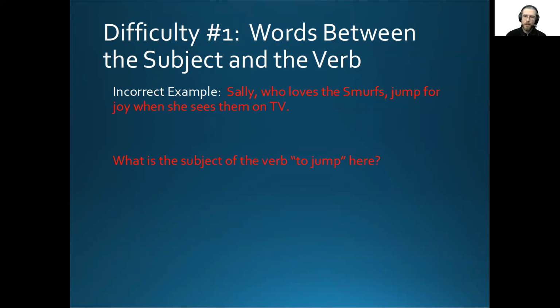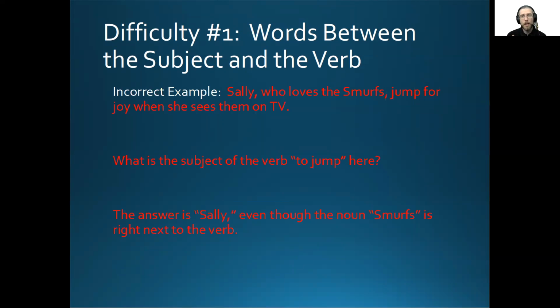What we have to ask ourselves here is, what is the subject of the verb to jump here? Sally is the one who jumps, not the Smurfs. But it can become challenging to know how we're supposed to conjugate jump when we have words, who loves the Smurfs, in between the subject, Sally, and the verb, jump.